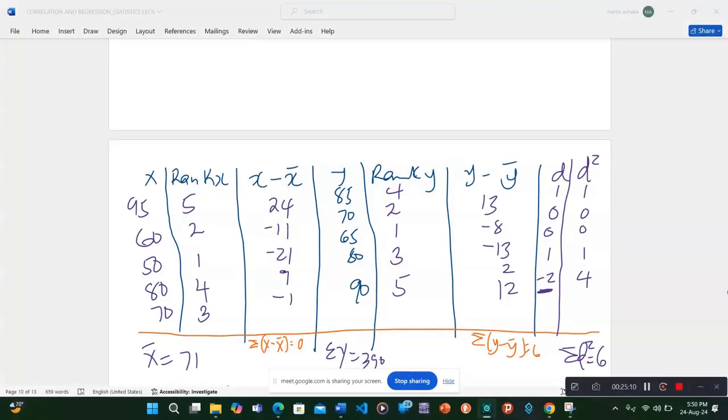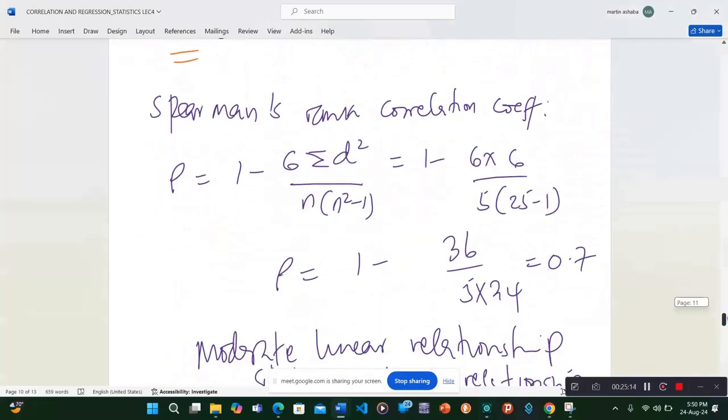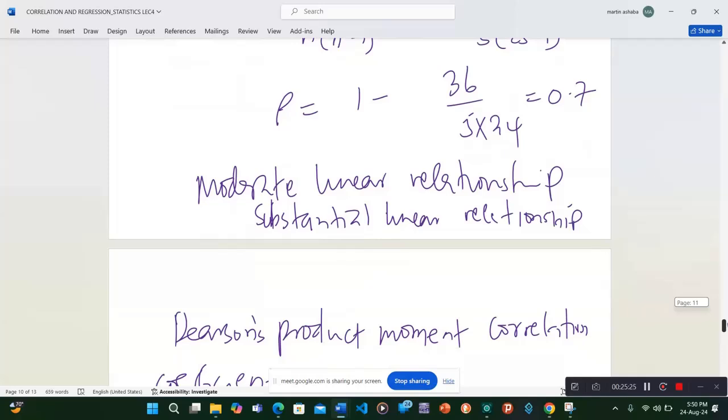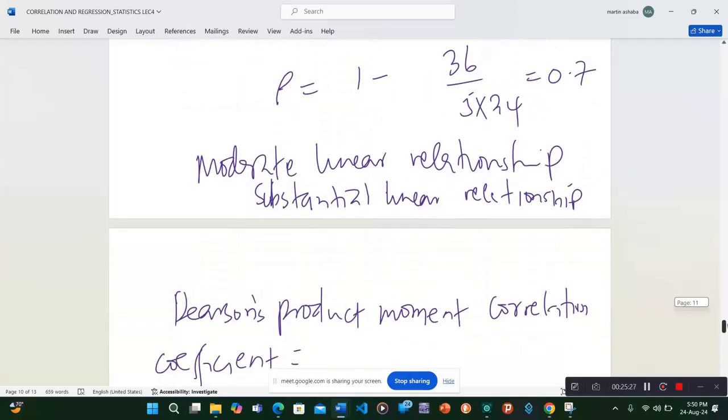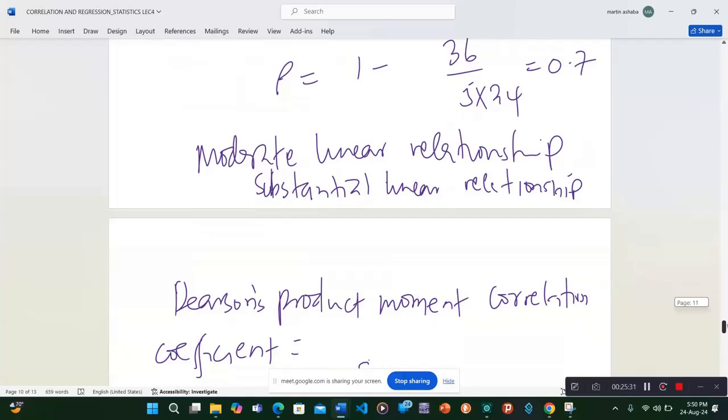Then you will be in a position to use this formula for Spearman's rank correlation coefficient, 1 minus 6 sum of d squared divided by n into n squared minus 1. You get the value for Spearman's, and then you comment the importance or the meaning of that value that you have obtained.